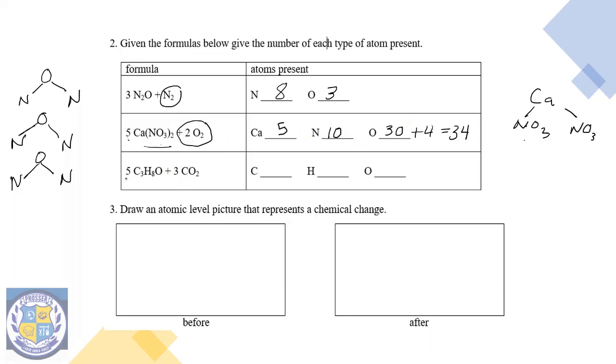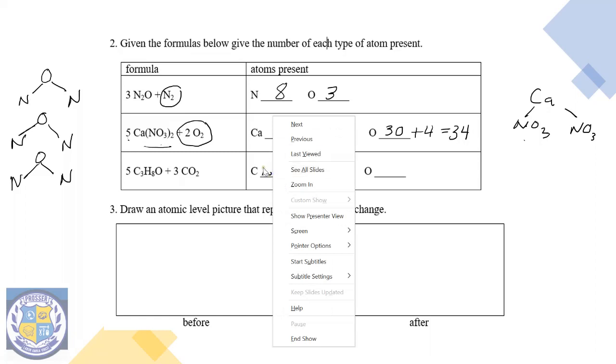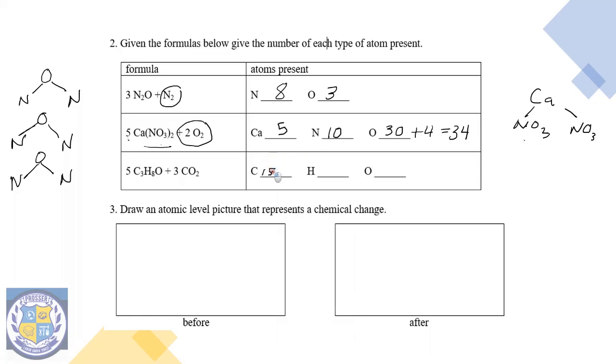So 5 down here, this is propane or propanol. 5 times 3 is 15 for the carbons. So I got 15. And then I'm going to add that to this 3 times 1.